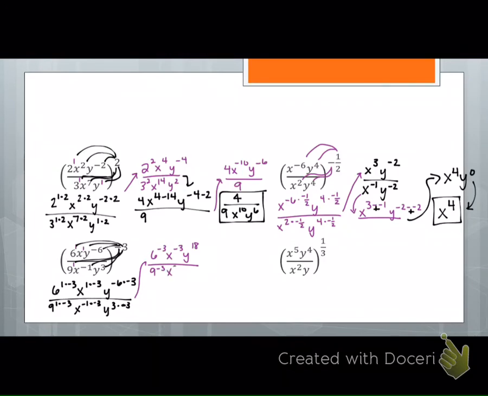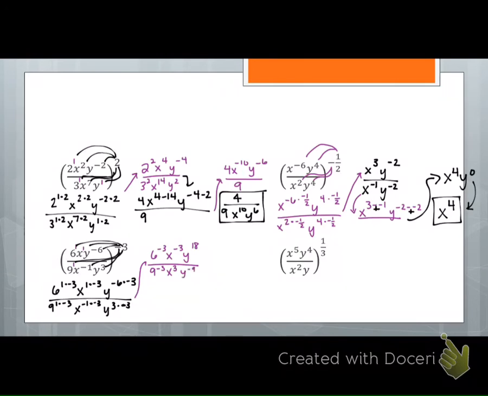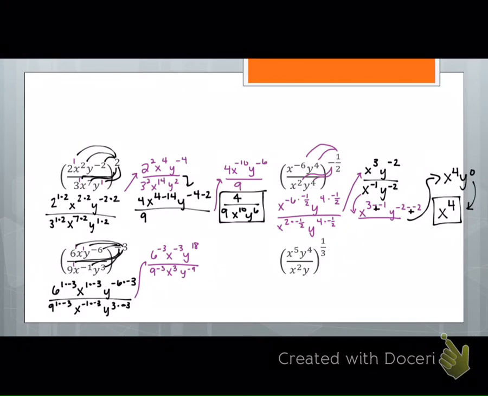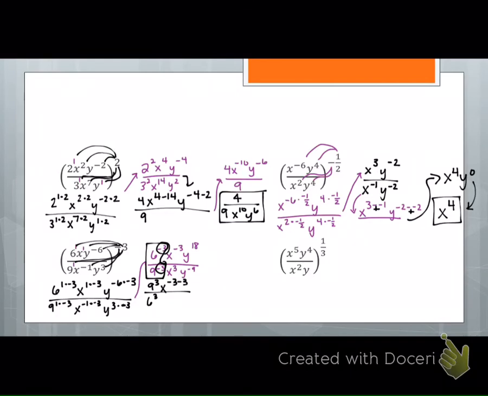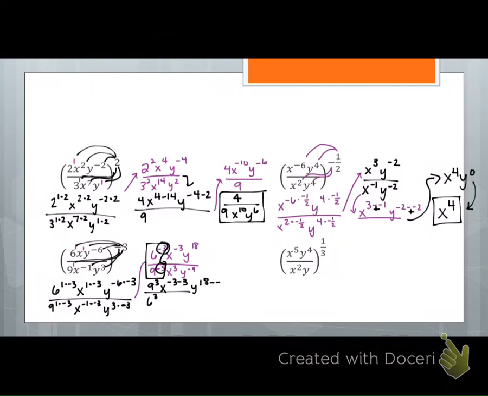X to the 3rd, y to the -9th. Okay, we have to be careful. These two mean that we have to do what with them, with these negative exponents? Flip them. So 9 goes to the numerator and 6 goes to the denominator. When we divide, so -3 minus 3 and 18 minus -3. 9.